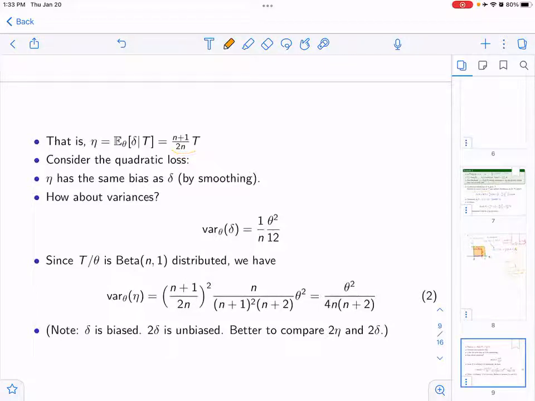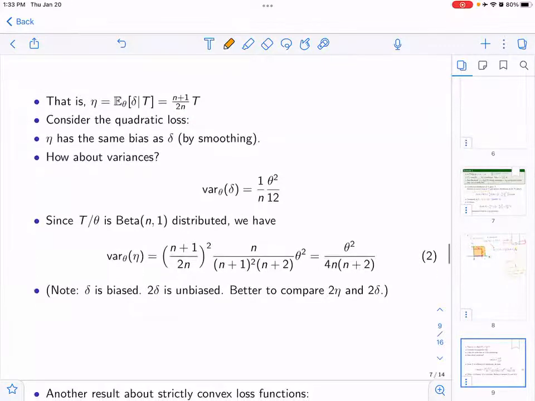If you consider the quadratic loss, Rao-Blackwell says that you have strict dominance. So they strictly dominate the original estimator, which is delta. This estimator is always going to have the same bias as the original estimator.